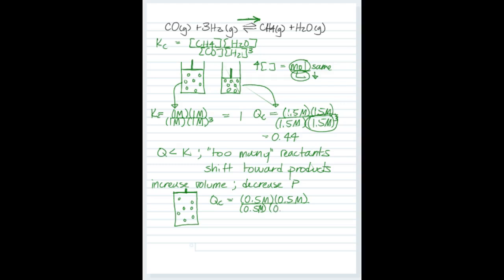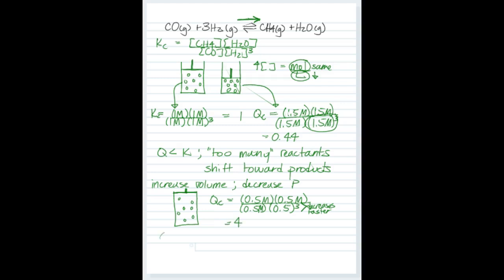It's just that one of them happens to be taken to the power of 3 in the denominator there. Okay, so I'm decreasing all the concentrations, but I'm decreasing the denominator faster than the numerator. Okay, so now I get 4.